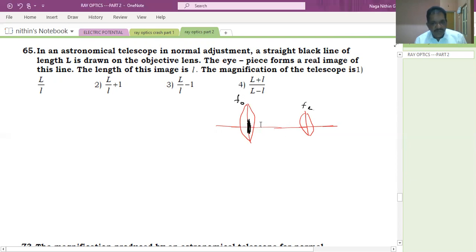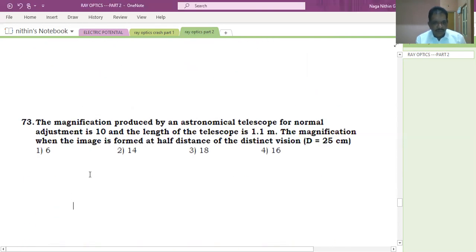Object distance will be FO plus FE in normal adjustment. In normal adjustment, the distance between the two lenses will be equal to FO plus FE. So, for the eyepiece, 1 by f is equal to 1 by v minus 1 by u, basic formula.